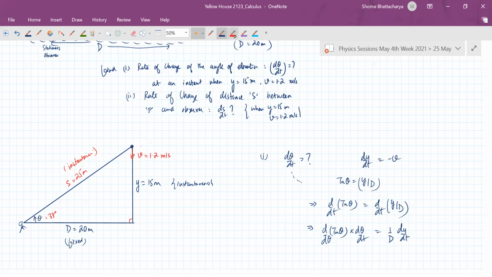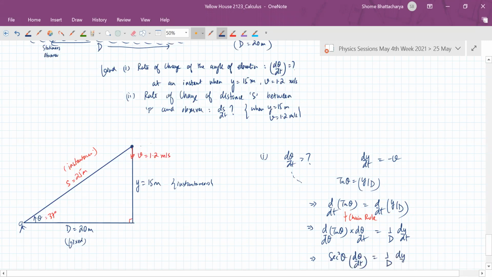From here to here, this is your chain rule step. Now what is the differentiation of tan theta? Anybody can tell me, you remember the value? Sec square theta. Yes, very good. So sec square theta into the instantaneous rate of change d theta by dt should be equal to 1 by d into dy by dt.